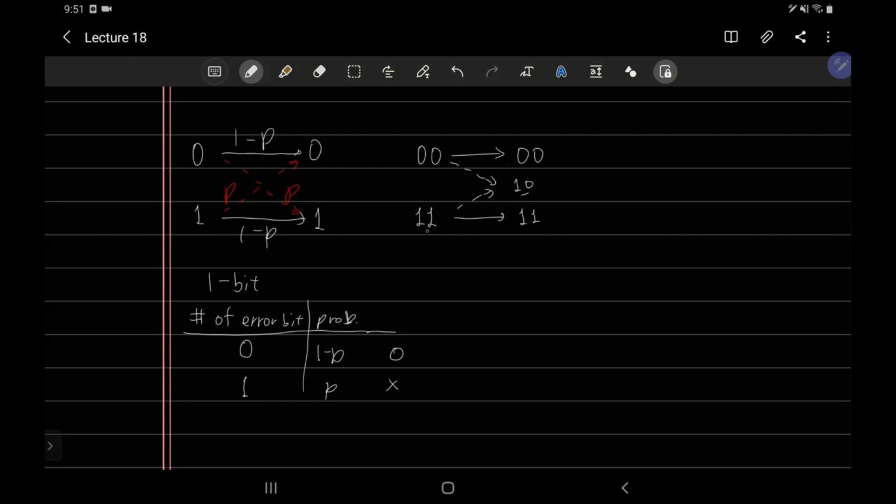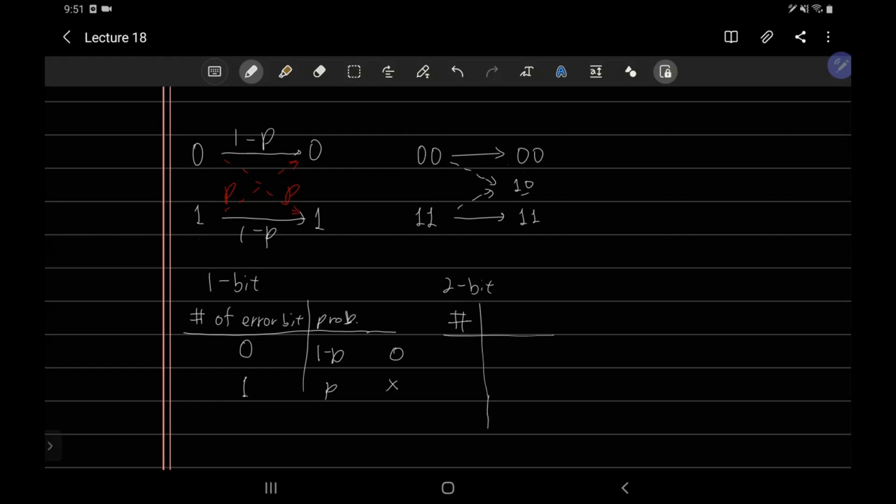In this 2-bit encoding, we call this kind of situation an encoding.